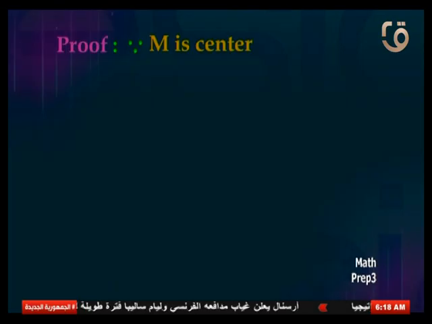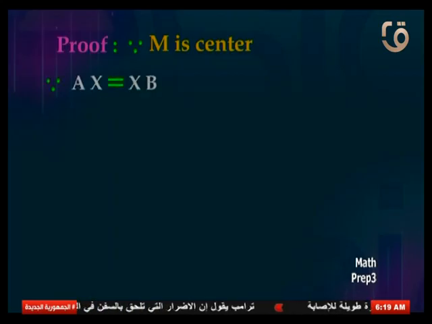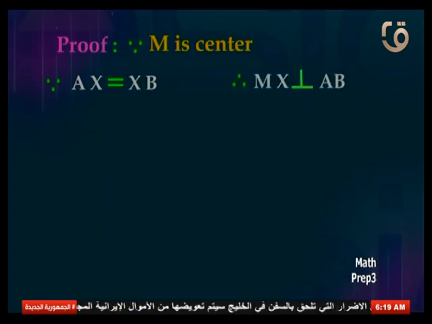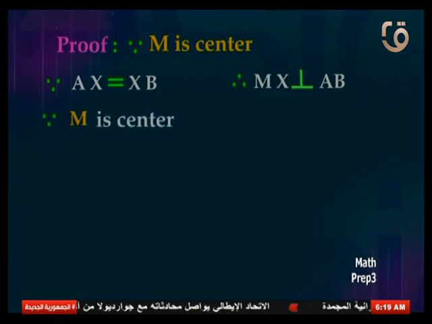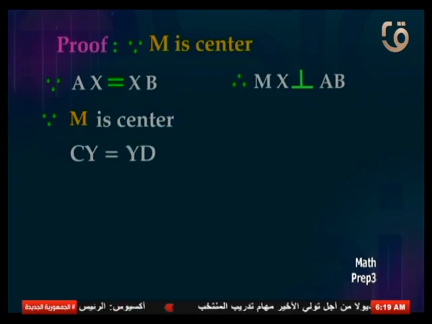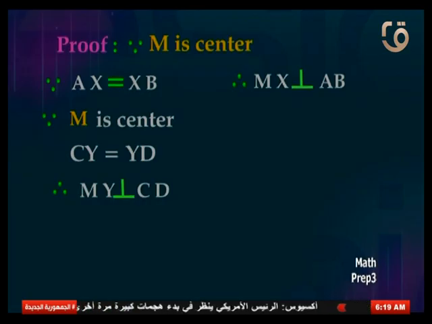First of all, as M is the center of the circle and X is the midpoint of AB, it means AX equals XB. So we can say that MX is perpendicular on AB. And in the same way, as M is the center of the circle and Y is the midpoint of CD, so CY equals YD, then we can say that MY is perpendicular on CD.